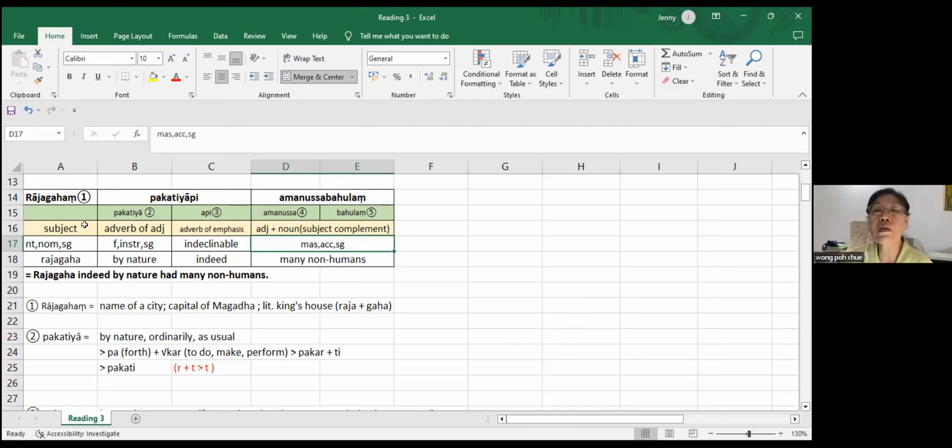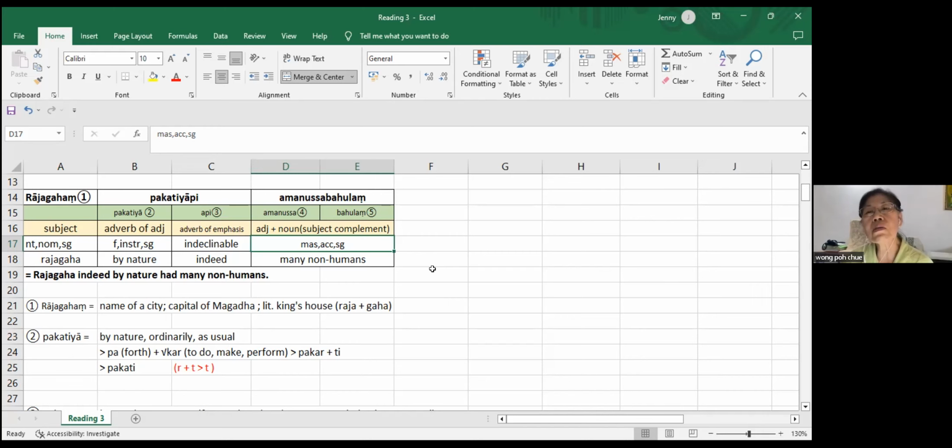So the object here is the many non-humans, Amanusa Bahulang. This is a compound word made out of Manusa and Bahulang. The a- is a negative here. Manusa is a masculine noun, so it means non-human.